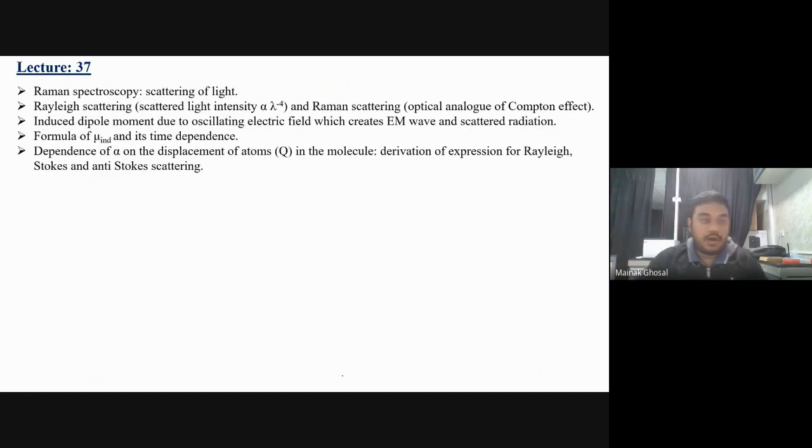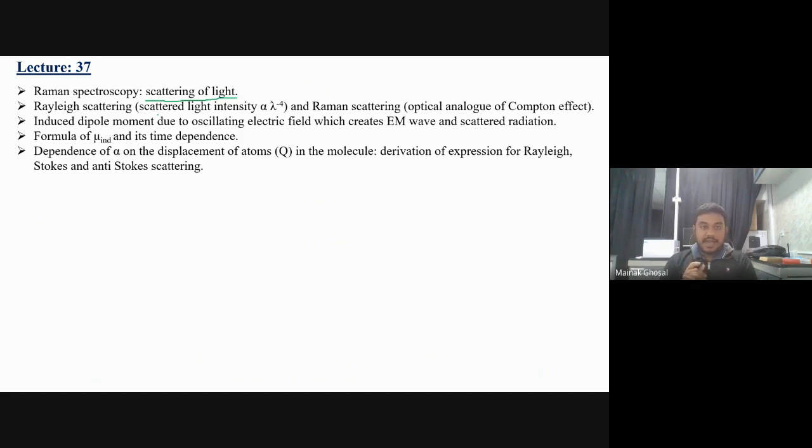What was taught actually? It was shown that Raman spectroscopy is nothing but a scattering of light. Two types of scattering were discovered. Whenever light falls on matter, different things happen. Some part of the light is absorbed, some is transmitted, and the other is scattered.